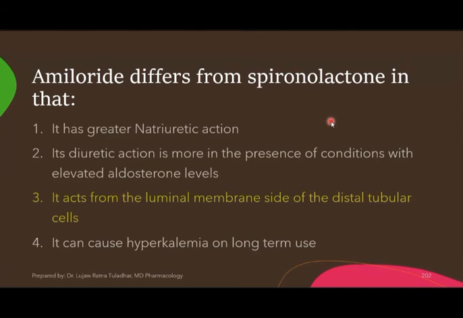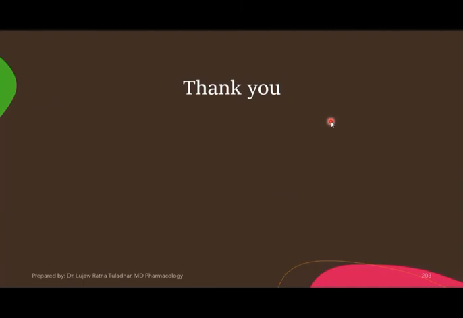The aldosterone antagonists like spironolactone and eplerenone act from the basolateral side or from the blood side, whereas amiloride and triamterene act from the urine side or the luminal side. So with this, we finish our diuretics. Is there any confusion? If there is, then do let me know right now so that we can go back to that particular slide and talk about it.